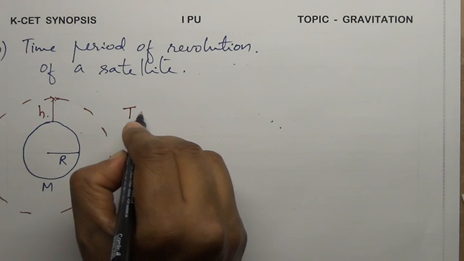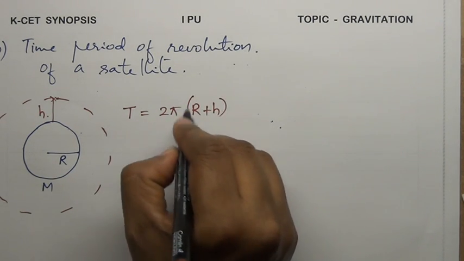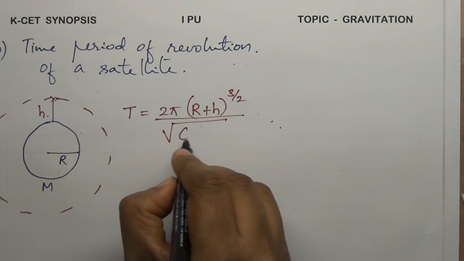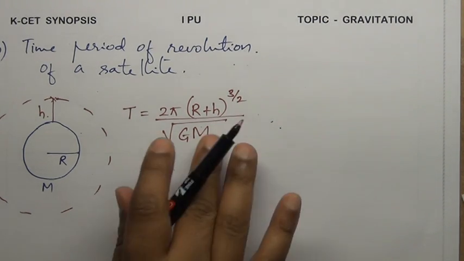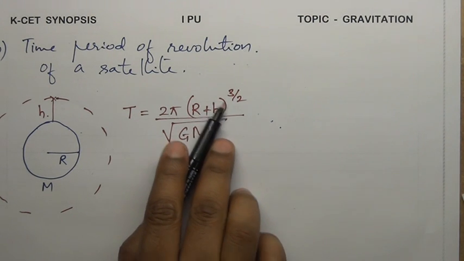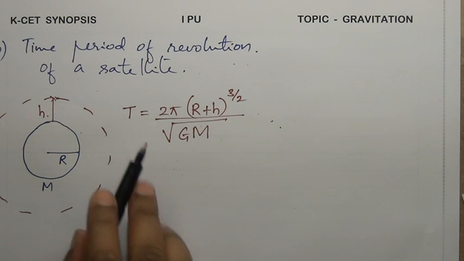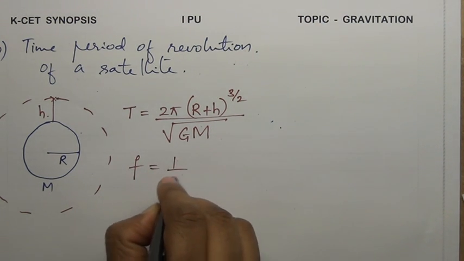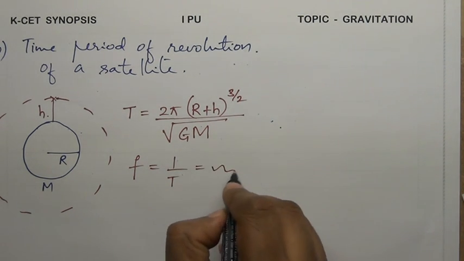Then time period of revolution is given by 2 pi r plus h whole to the power of 3 by 2 divided by square root of GM. It's a bit weird equation, but it's actually a beautiful equation. This is time period of revolution, and we also know frequency of revolution is reciprocal of time period of revolution. So we can take the reciprocal and write the equation.